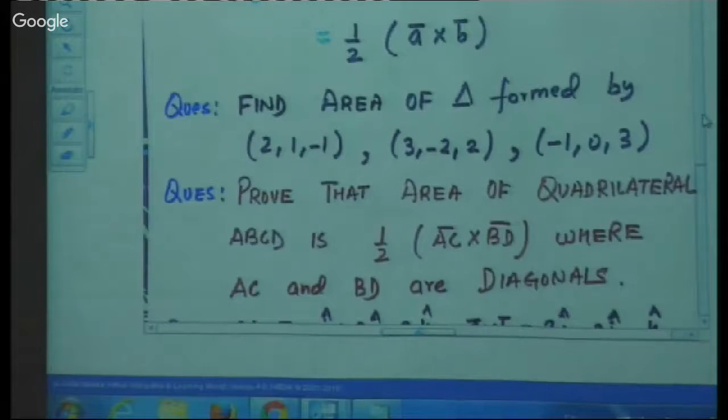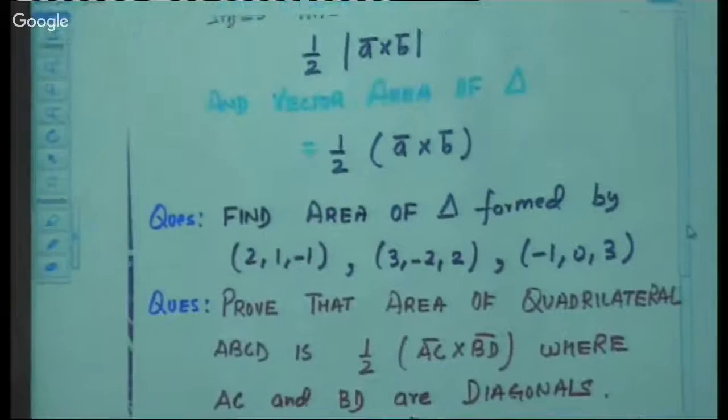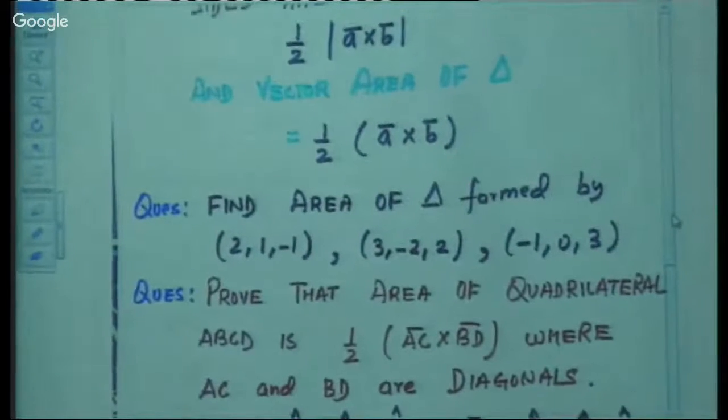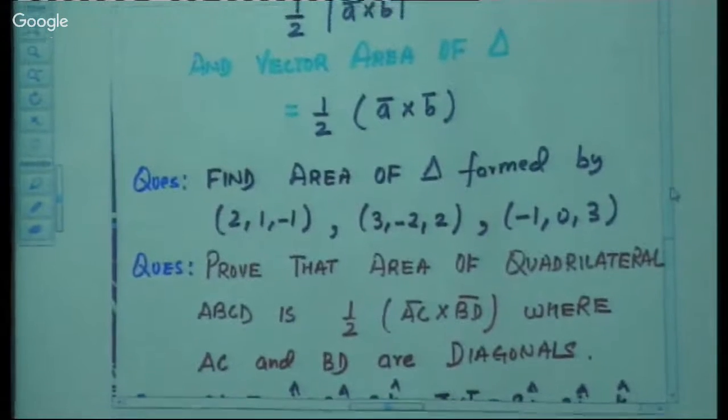First, draw the diagram. Take any two sides, write the vector, and then take half of that cross product. And then you're only interested in the magnitude. You would remember that in coordinate geometry you also found area, right? That was very easy, right?